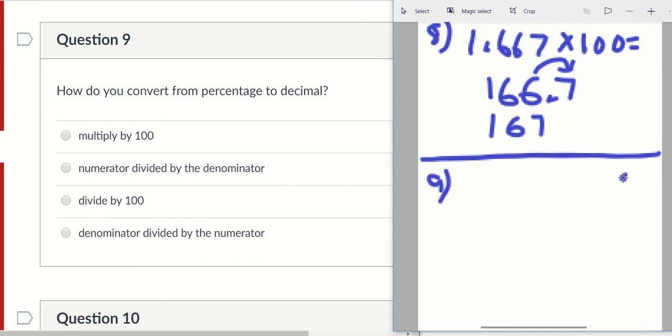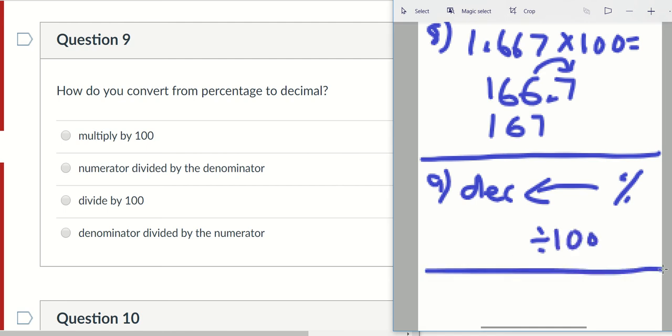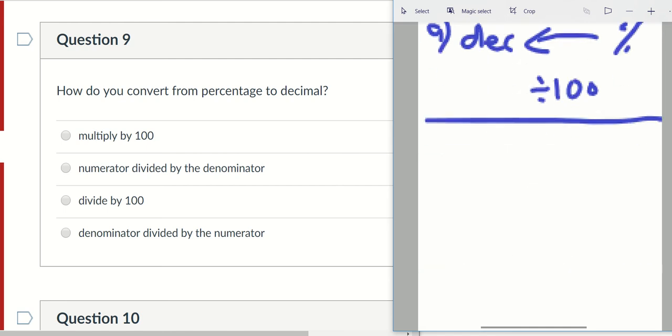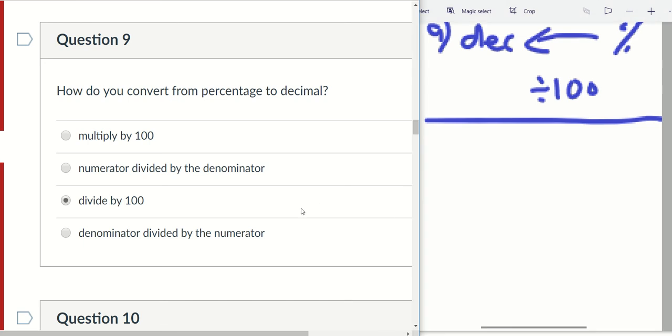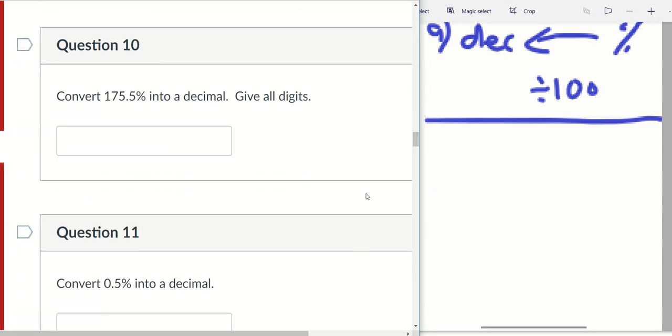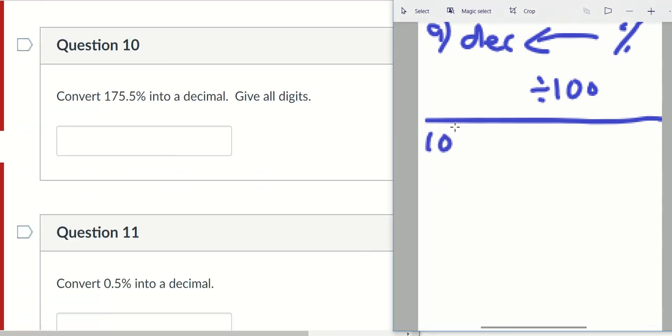We got a percentage, and this time we want to go back to a decimal. What do we need to do? Yep, we need to divide by 100. All right, 10.